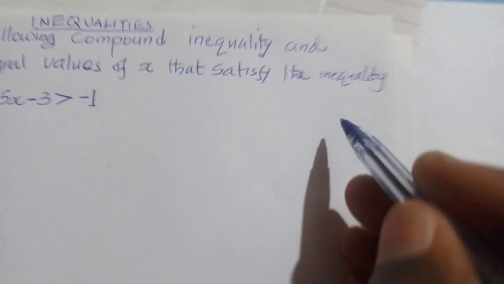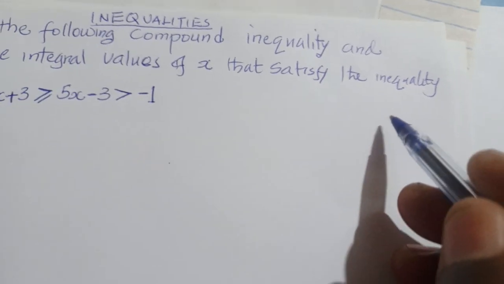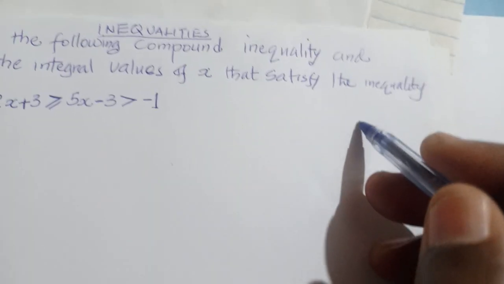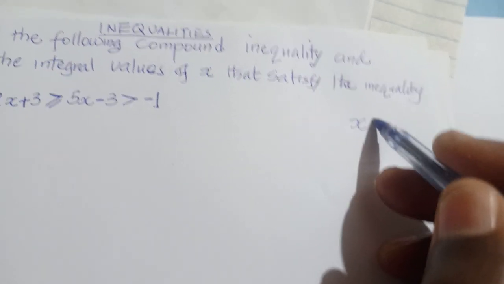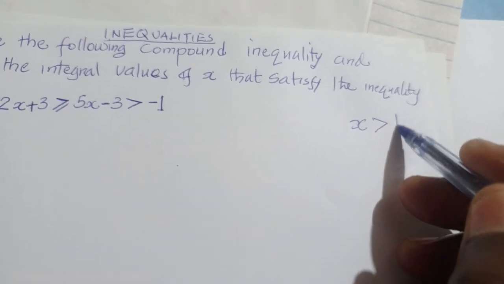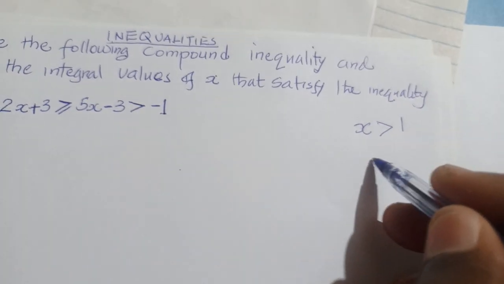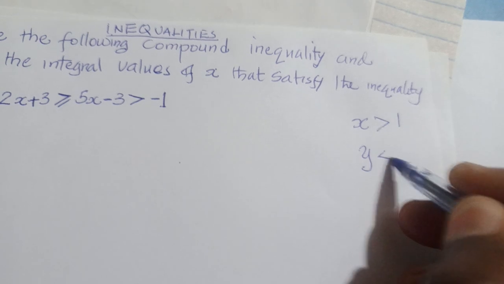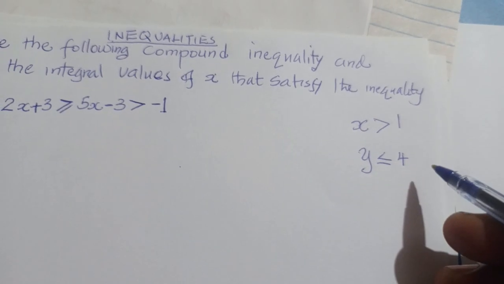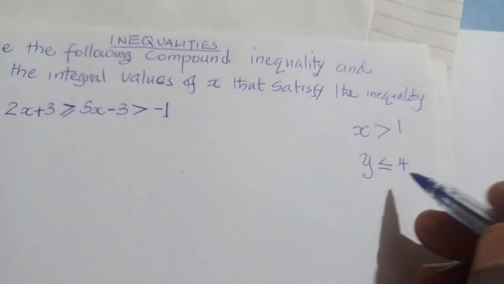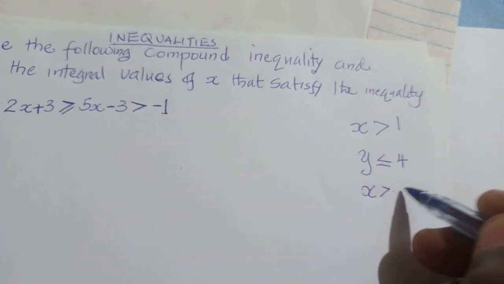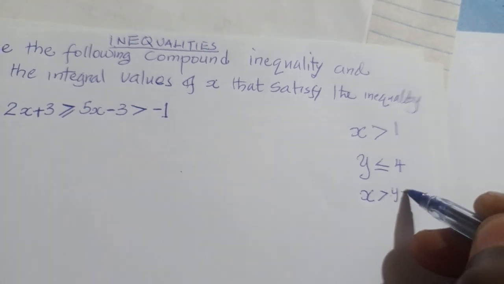An example of a simple inequality, just before we carry on with our solution, is when you have an inequality like x is greater than 1, or you could even have y is less than or equal to 4, or even x is greater than y plus 2.